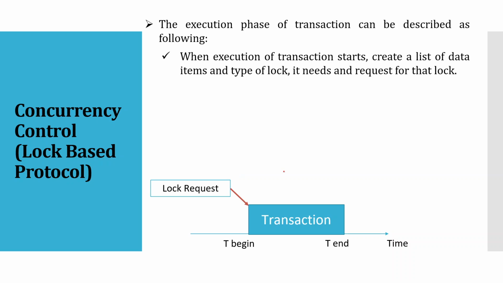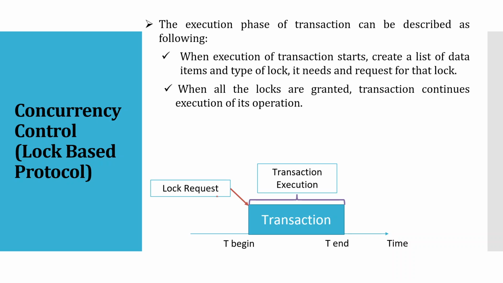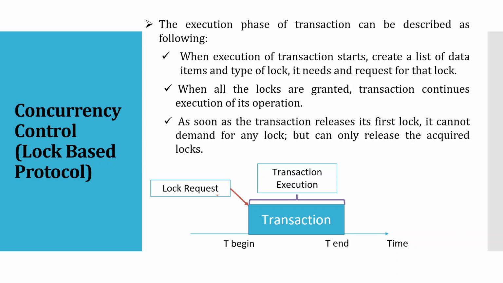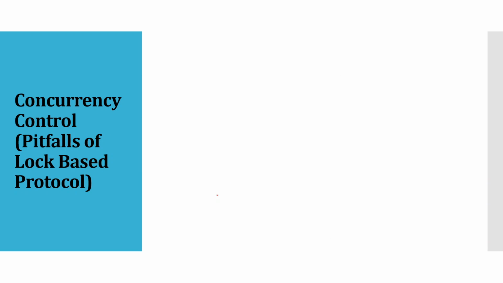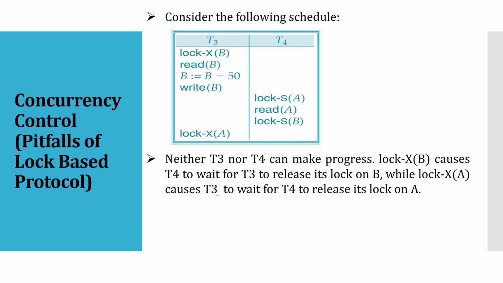In the initial phase the transaction will request all types of locks. Once the locks are acquired, it will perform its execution, and once the execution is done, it will release all the locks so that other transactions can use them. So this is what lock based protocol is.